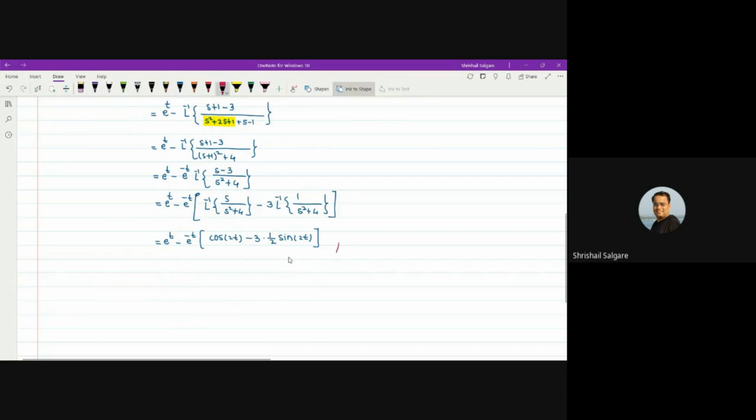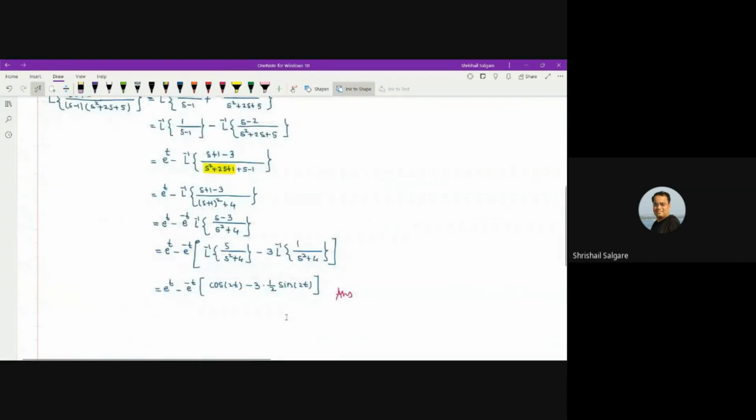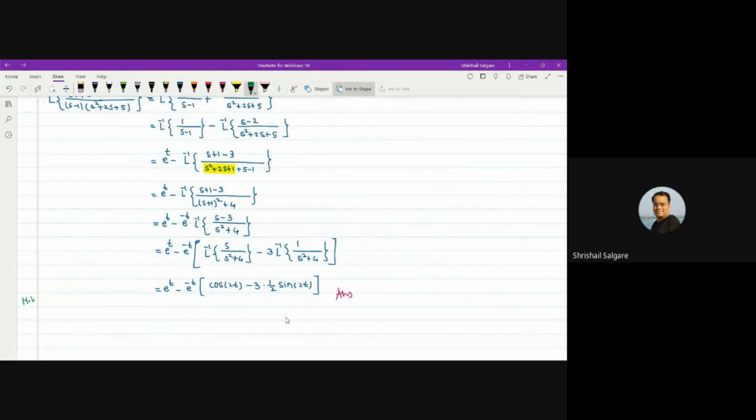So few examples I will write as homework. This one is 13. These examples you have to complete as homework. One example you can complete here, 14th only. The remaining you can complete as homework.